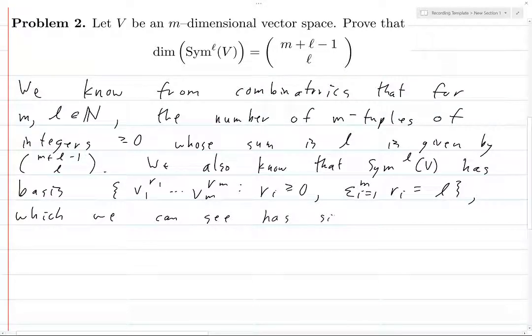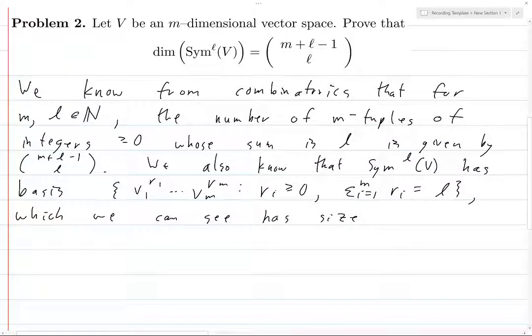has size. Well, how many things are in here? Each element in the space is given by, the order of the vi's doesn't matter, because this is the symmetric product. And so these are possible combinations of, let's see here, m tuples of integers.